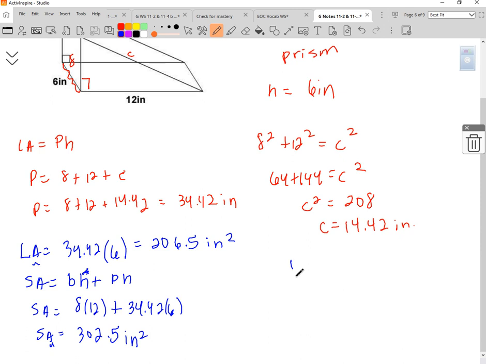And last but not least, the one that's a little bit simpler, the volume, base times the height of the triangle, divided by 2, times the height of the prism. Base and height are the legs, right? 8 times 12 divided by 2 times the height, which is 6. 96 divided by 2, 6 divided by 1.